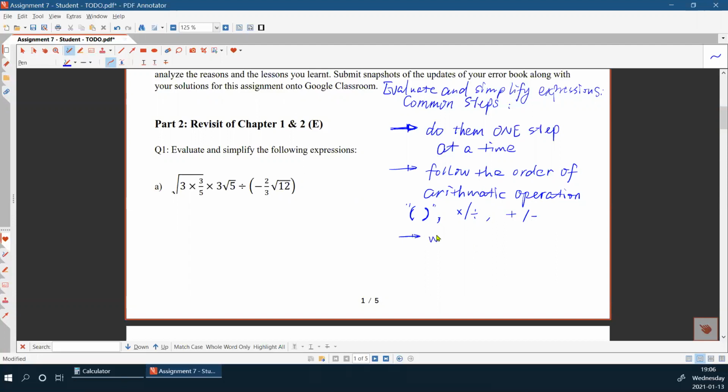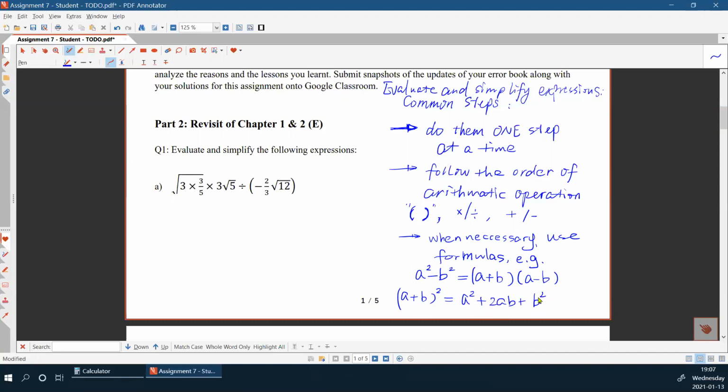And when necessary, use formulas such as what you have already known, that a squared minus b squared is a plus b multiplied by a minus b, or a plus b as a whole squared is a squared plus 2ab plus b squared, right?